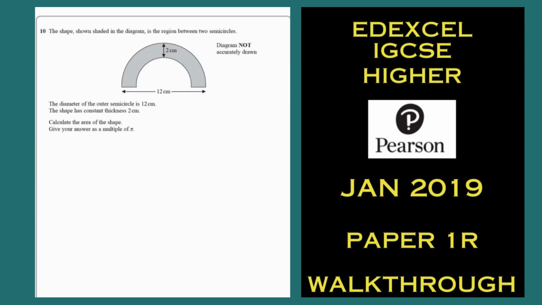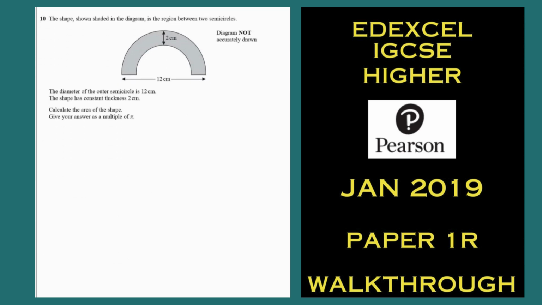Number 10. So it's basically part of a circle. It's finding areas and perimeters. So don't forget pi r squared and 2 pi r will be your main focus. But before you start attacking that, they've given us the diameter. So the large radius is 6 and the small internal radius is 4.